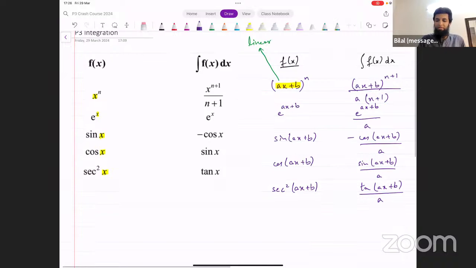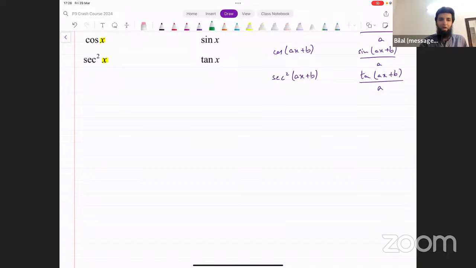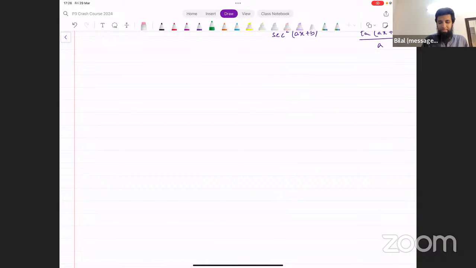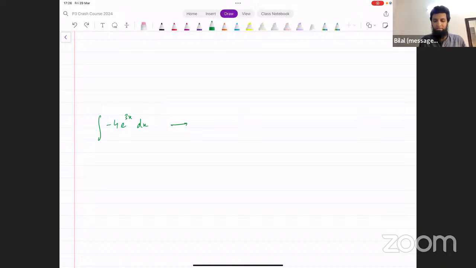Okay, let's take an example. Let's say you have something like this. I'm going to leave some space here because I want to add something to that space in a moment. Let's say we have minus 4 e raised to power 3x. We want to integrate this with respect to x. What's the integral of this? Now, the constant that's multiplying remains as it is.